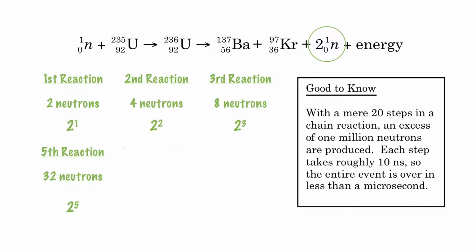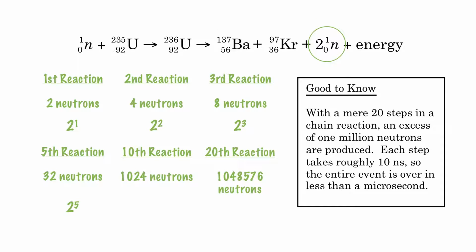Now, let's say after the 10th reaction, we've got 1,024 neutrons. After the 20th reaction, we've got more than 1,000,000 neutrons. This is what's called a chain reaction. Within 20 steps in this kind of chain reaction, we got more than 1,000,000 neutrons produced.